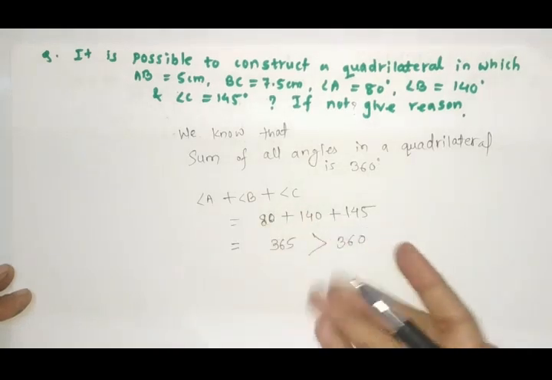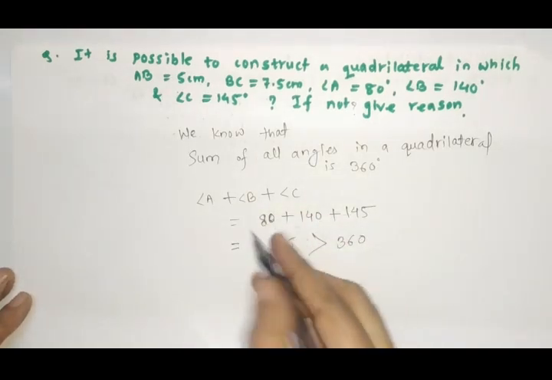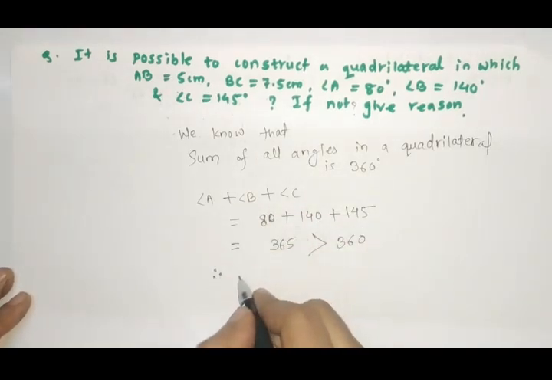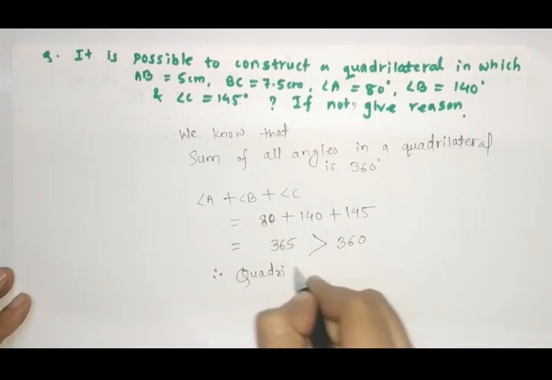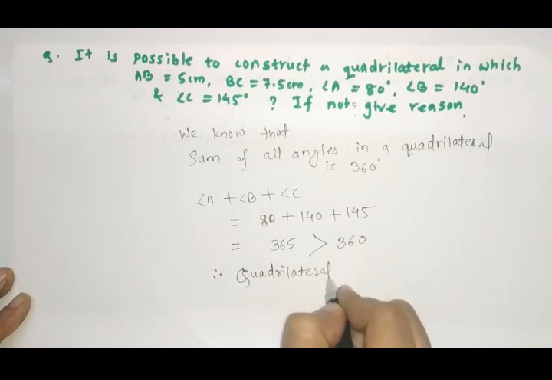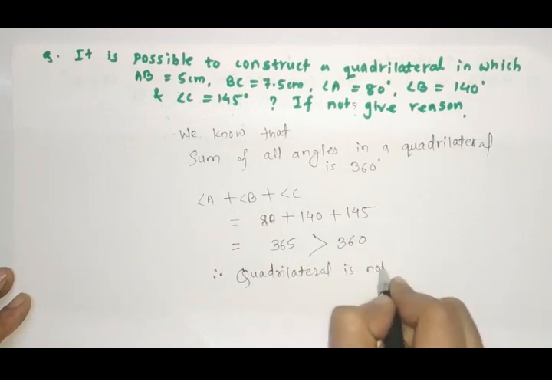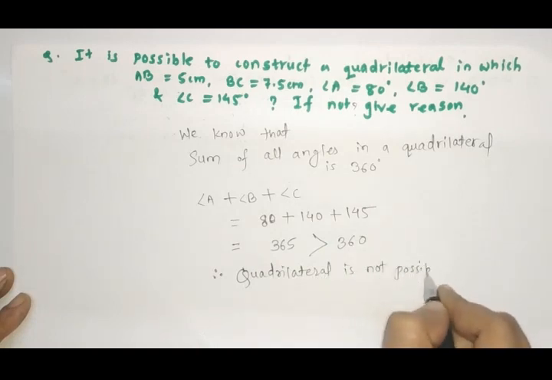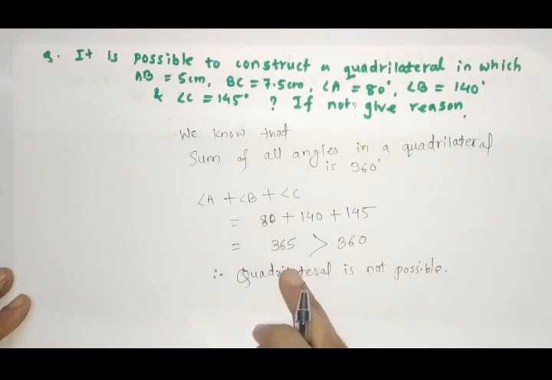Only the 3 angles itself are coming to more than 360. Therefore, the quadrilateral is not possible. As only the sum of 3 angles is going above 360, where is the 4th angle then? Hope you have understood it. Thank you.